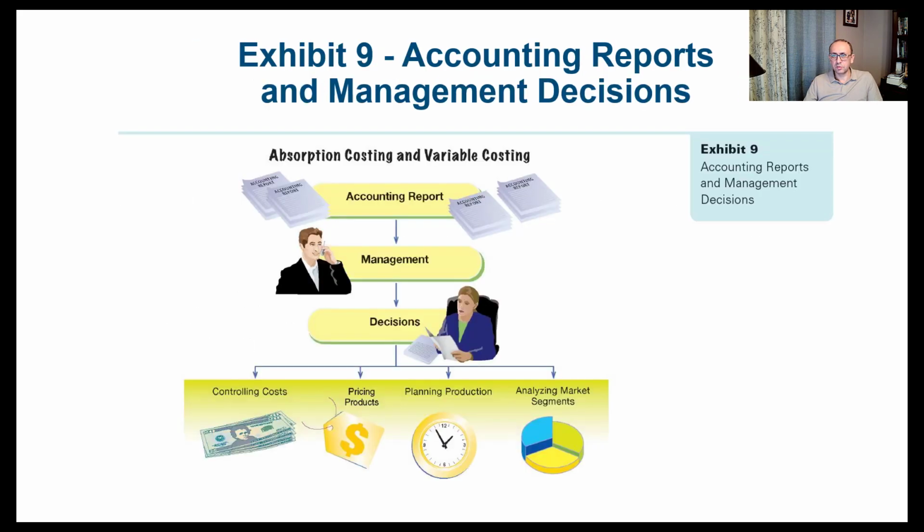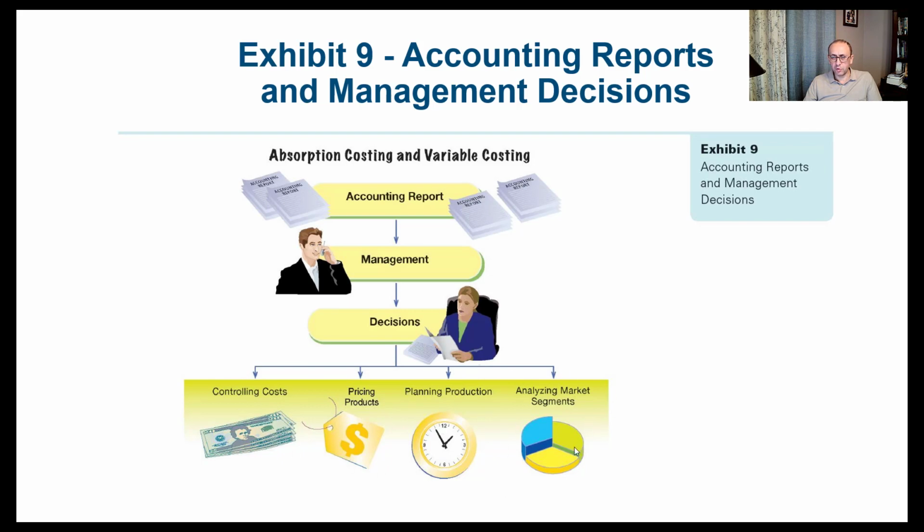Once more, using this exhibit: accounting reports and management decisions, absorption costing and variable costing. We start with the accounting report. Management would need to make the decision based on these factors: how we can control the cost, the pricing of the products, planning production, and analyzing market segments.